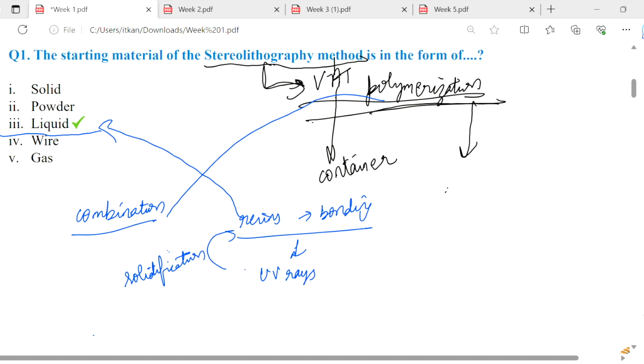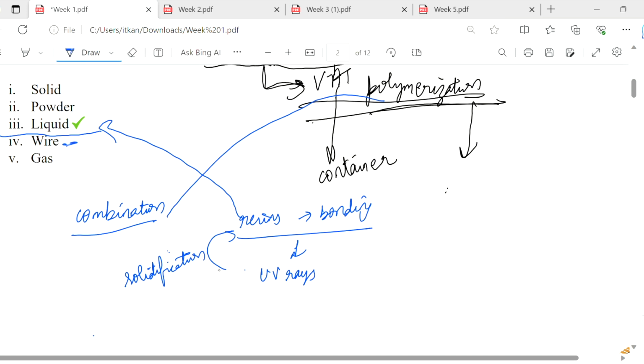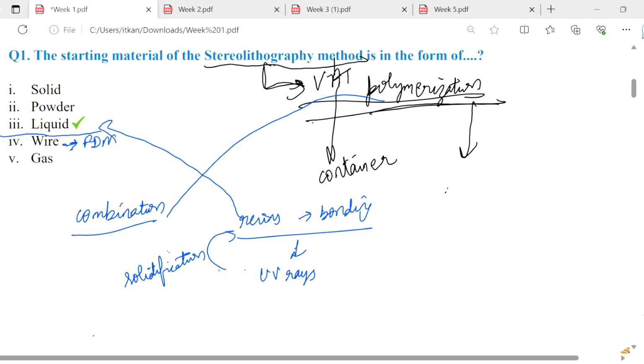So we will discuss in detail where each of the starting materials is used. So let's segregate. In FDM it is wire.